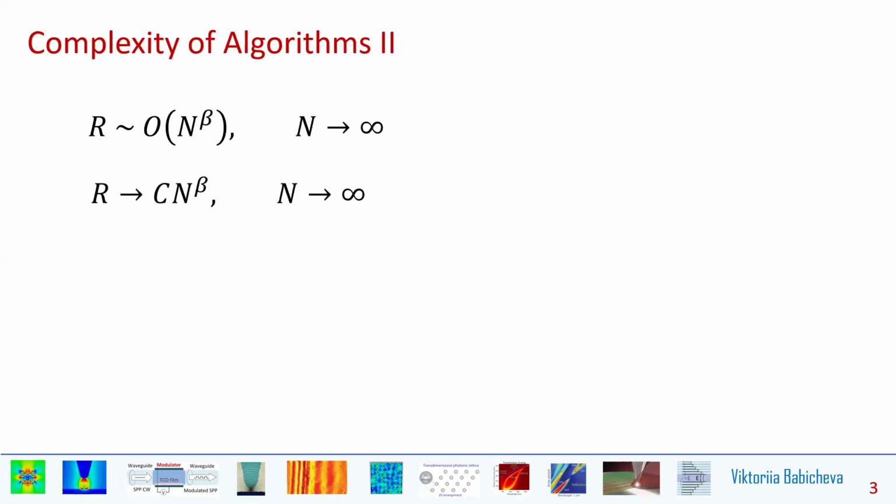Here R is the resource usage. It can be memory or CPU time. In this case, we say that the asymptotic complexity of the algorithm is the order of N^beta. Alternatively, we simply say O(N^beta).